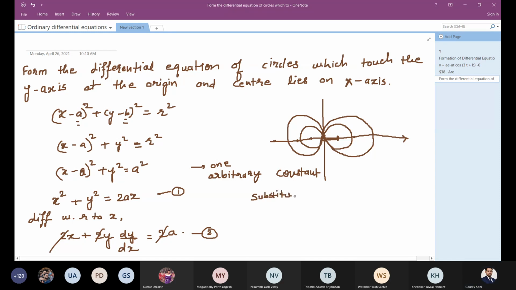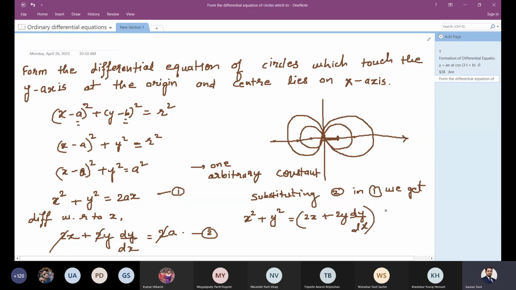Substituting 2 in 1, we get x square plus y square is equal to, putting the value of 2a directly, 2x plus 2y dy by dx into x.